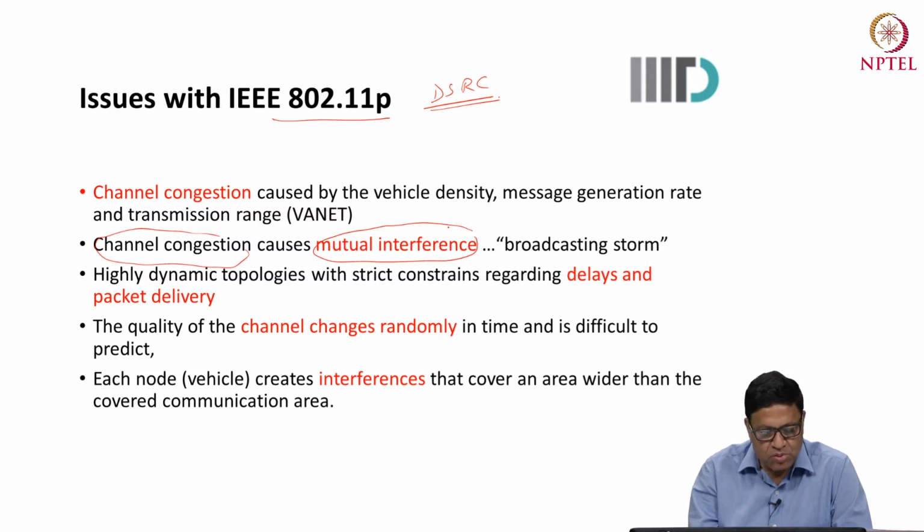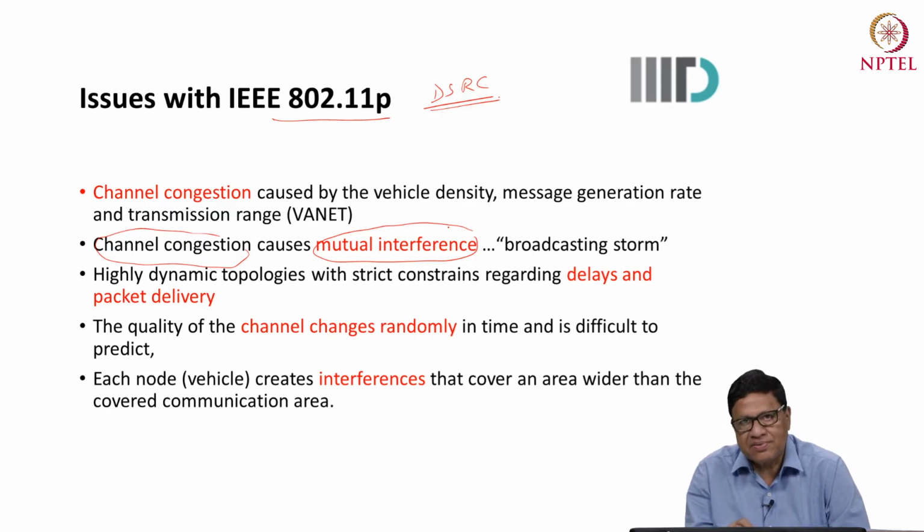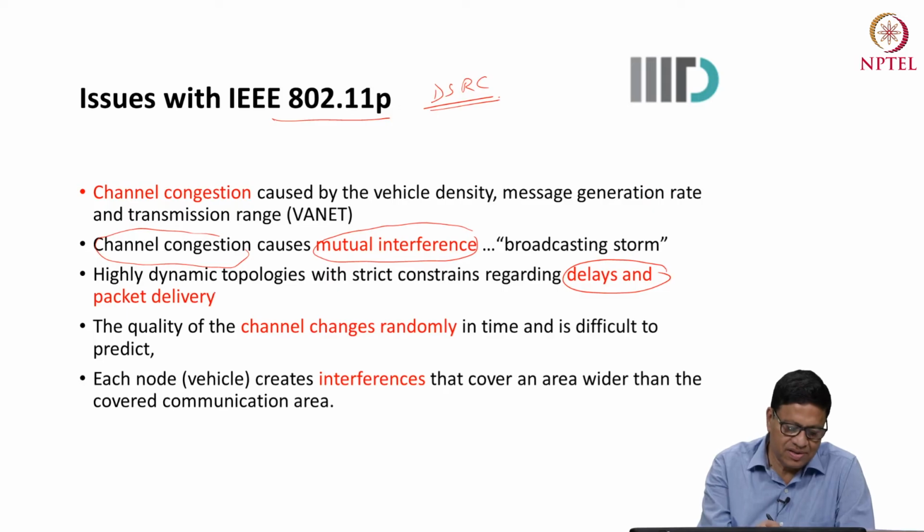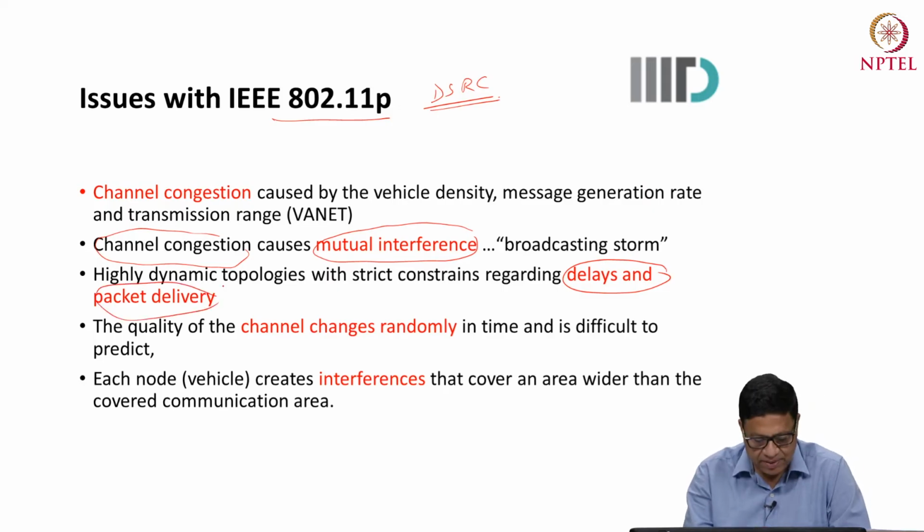And also, if there are more vehicles, the topology is dynamic, it is changing with time. So the delivery of the packets may not be successful. It will come back, which will result in delays and improper packet delivery.